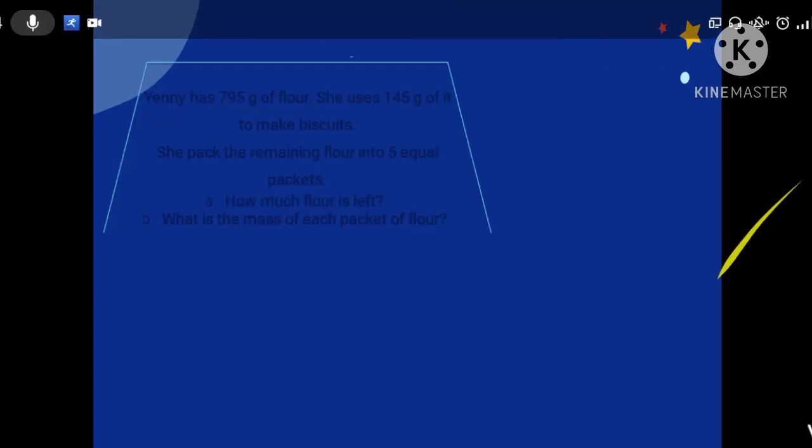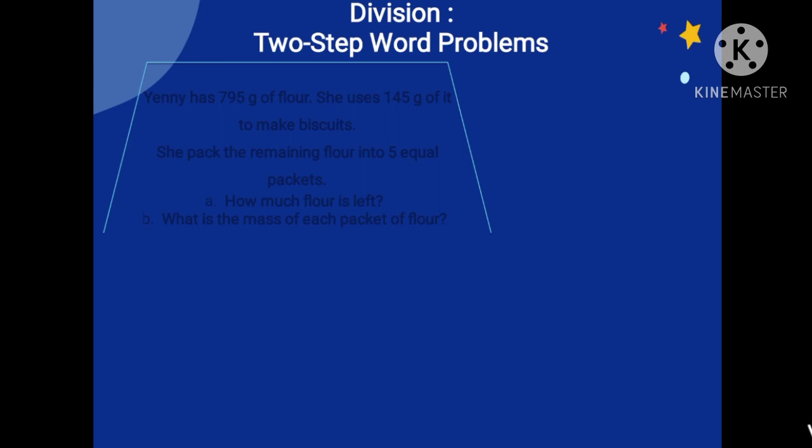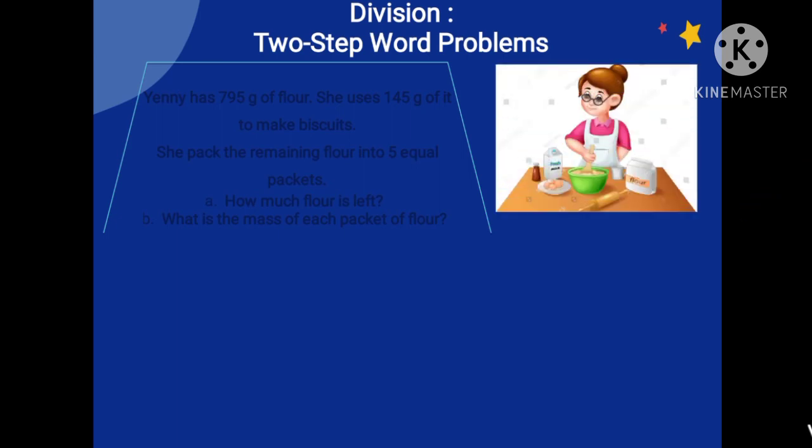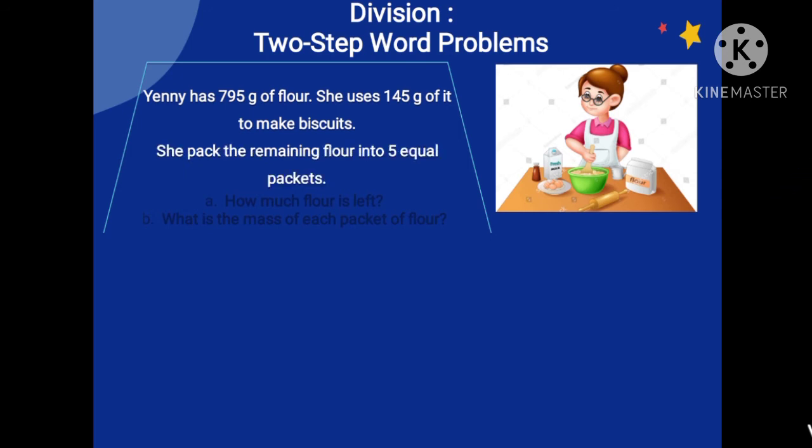Okay, now let's move into the division 2-step word problem. Look at Yenny. Yenny has 795 grams of flour. She used 145 grams of it to make biscuits. And then she packed the remaining flour into 5 equal packets.